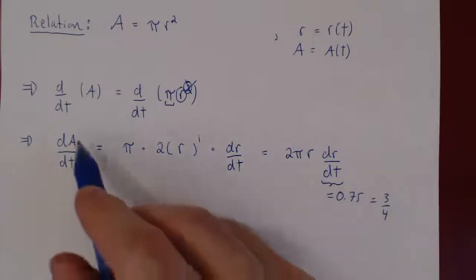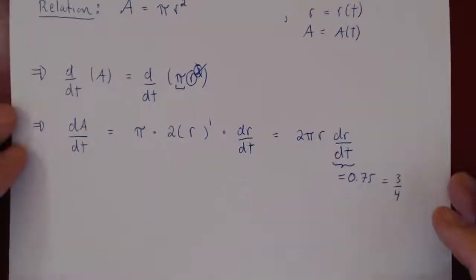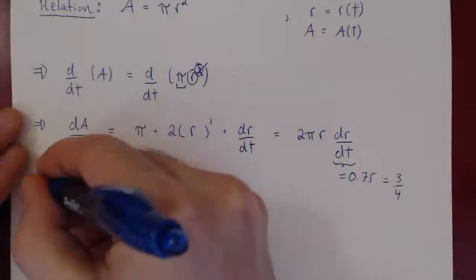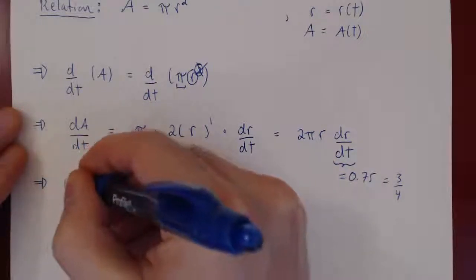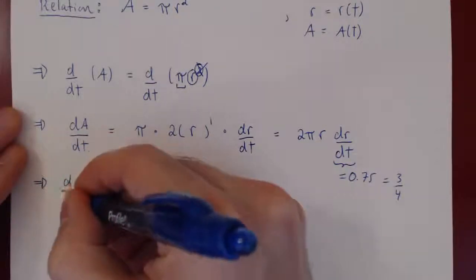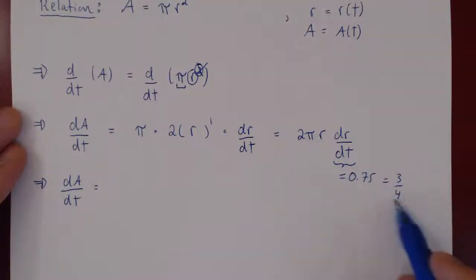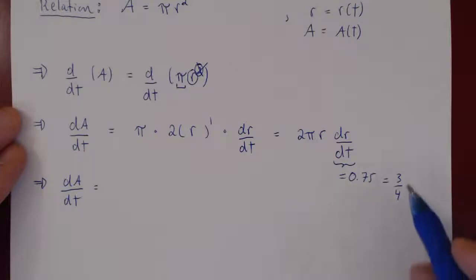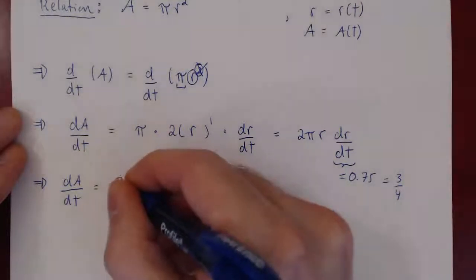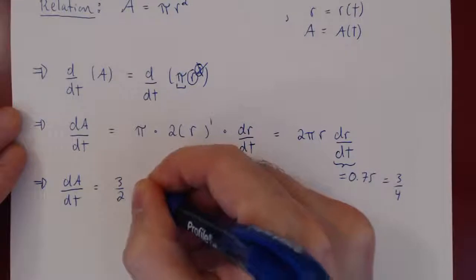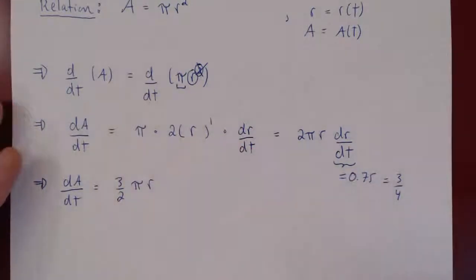And now let's write our conclusion. Well, almost our conclusion. The rate of change of the area as a function of time will be equal to, well, 2 pi r times 3/4, but 2 over 4, that's just 1/2, so it's 3 over 2 pi times the radius.